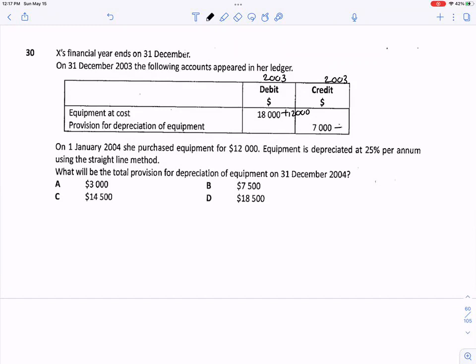So 7,500 would be the current year's depreciation. Are you with me? They want the total provision for depreciation. That means you add both of these. So the total provision for depreciation would be 14,500.